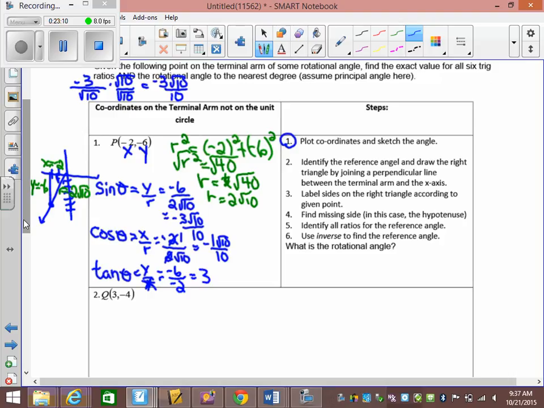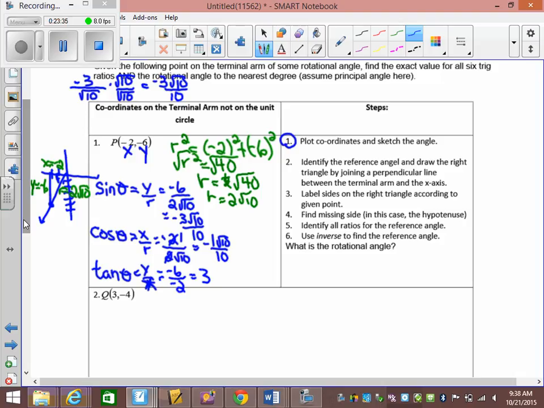Now, once you have all three of those, the reciprocal ratios are easy because they're literally the reciprocal ratios. So whatever sine is, cosecant is flipped. Whatever cos is, secant is flipped. Now, what some people do for sine, you guys, is we reduced it to negative 3 over root 10, correct?